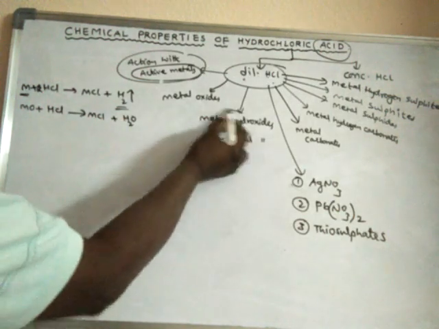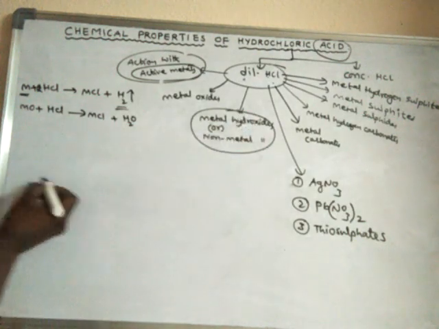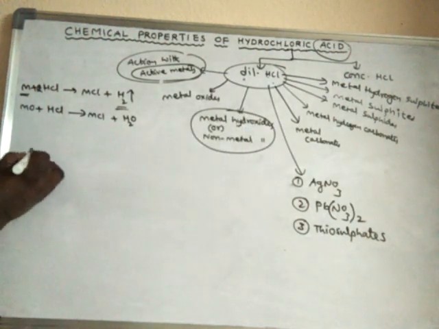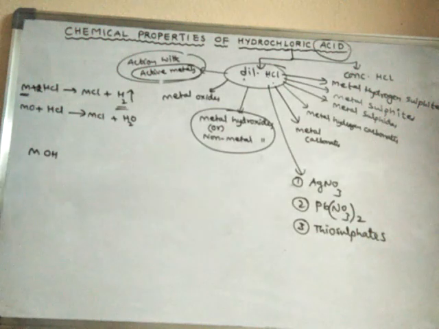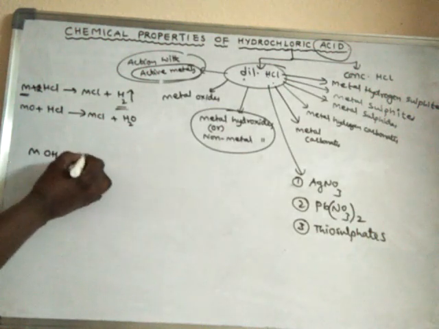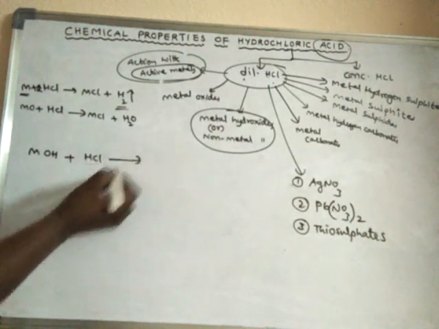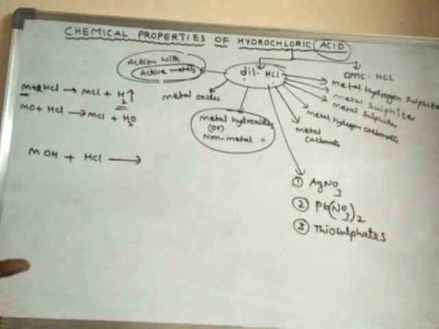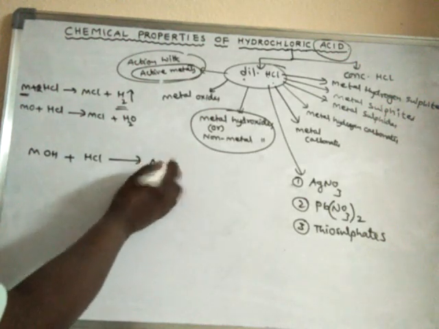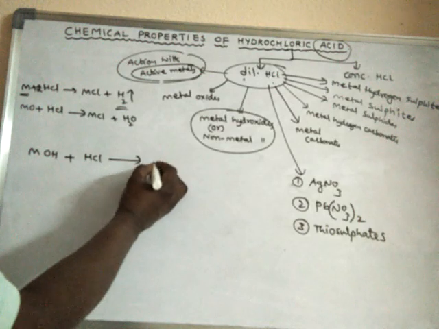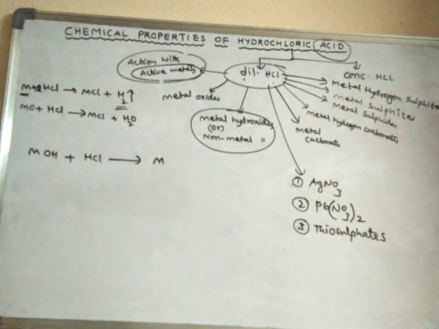Now the metal hydroxides. When a metal hydroxide reacts with HCl, again metal hydroxides are bases and HCl is an acid, so it forms metal chloride and water.